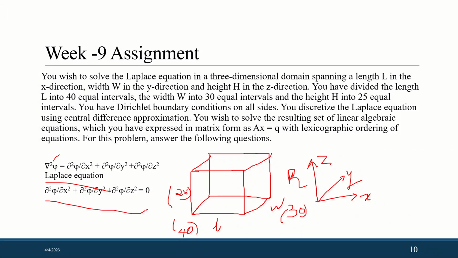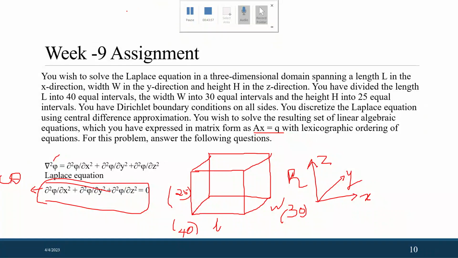So dou square phi by dou x square plus dou square phi by dou y square plus dou square phi by dou z square is equal to 0. We are discretizing this equation using central difference scheme and rearranging in the matrix form as Ax is equal to Q. For this problem, the following questions need to be answered.